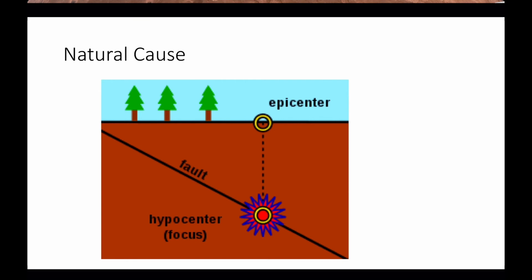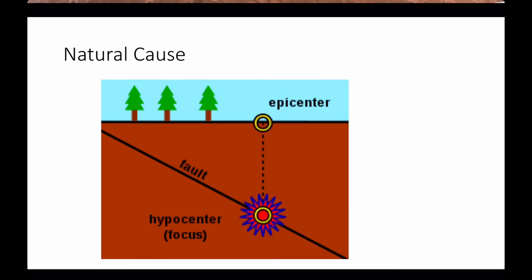From the hypocenter, the energy reaches the epicenter in form of waves, and these waves are called the body waves, and from the epicenter it spreads throughout the surface, again in form of waves, which are called the surface waves. On surface, there is a seismograph which marks the amplitude of these waves.